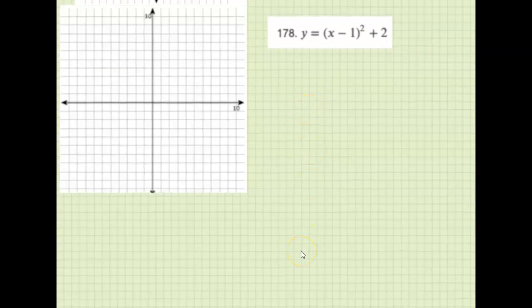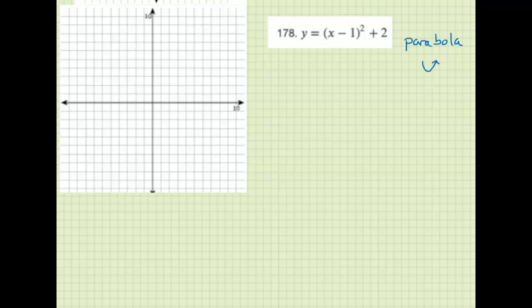Okay, so this one has a y and it has an x squared, so this is a parabola. Because it's y equals x squared, it's going to be a parabola that turns up rather than sideways. With a parabola, we need the vertex (h, k). So the h is 1 and the k is 2.